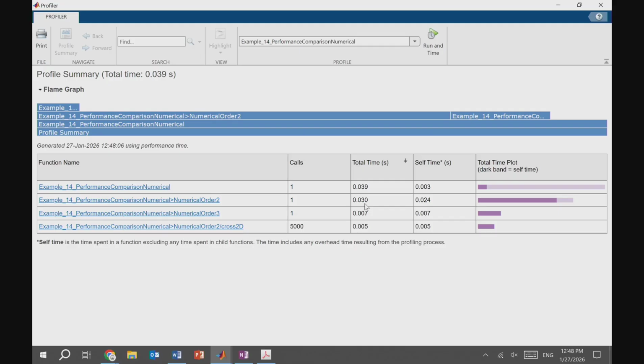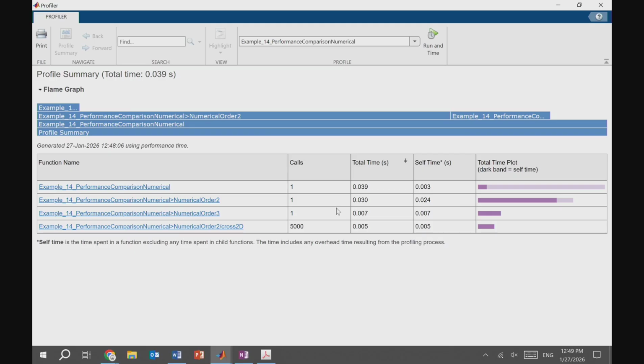And the other one, order 3, 0.007. Winner. So the worst algorithm is 5 times faster than the better, theoretically better algorithm.